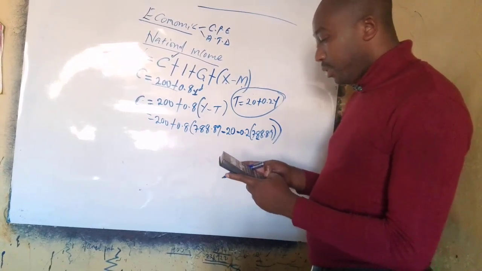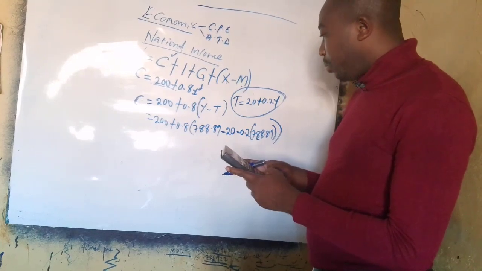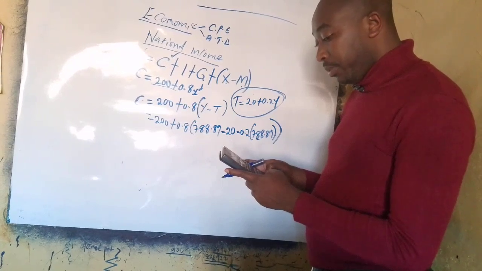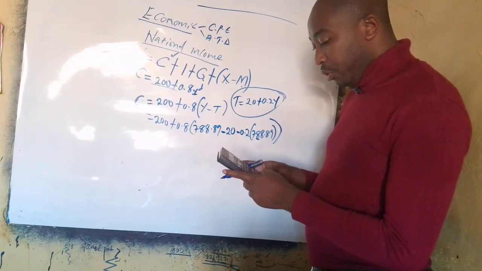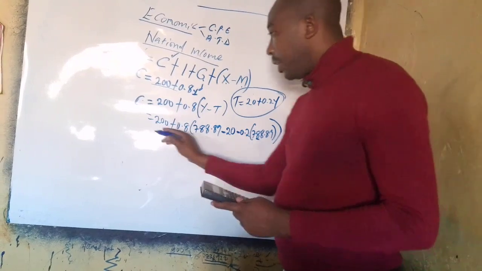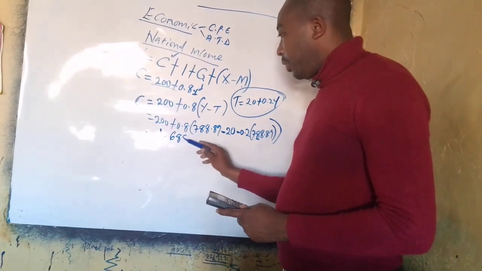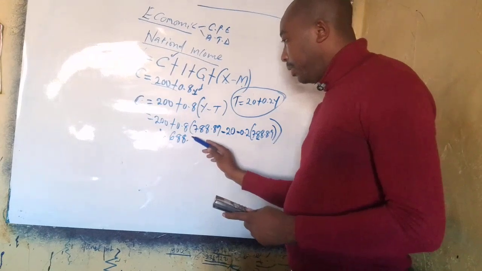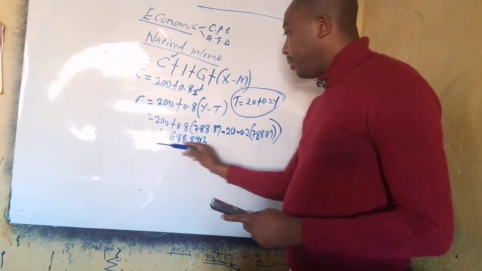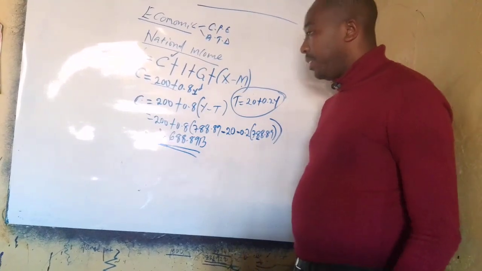So take 200 plus 0.8 into bracket, that answer I have, minus 20 minus 0.2 into bracket. My figure there, I'm getting shillings 688.89 billion. I'm rounding off to 2 decimal places.